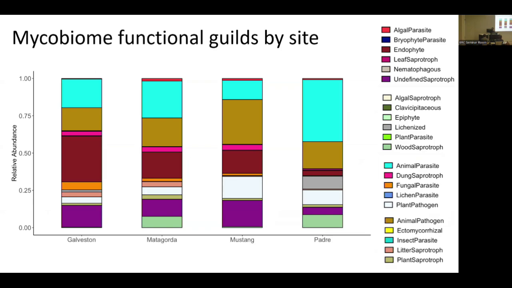As you can see here in this light blue, there are lots of animal parasites relatively in each of these barrier islands, and then animal pathogens. And then of course you've got your undefined saprotrophs right here in the purple. But what I'm focused more on is the ectomycorrhizal part. So lots of guilds, but I want to focus just on that one particular part, which looks relatively absent here, but they make up a small part in the entire microbiome.